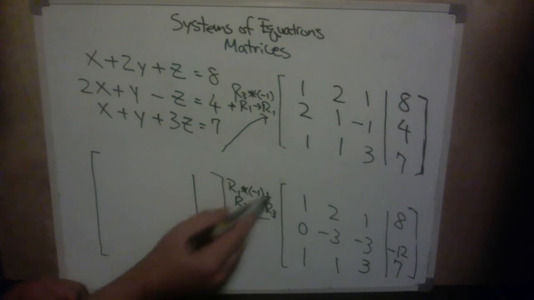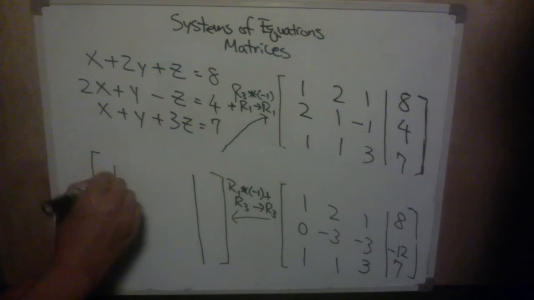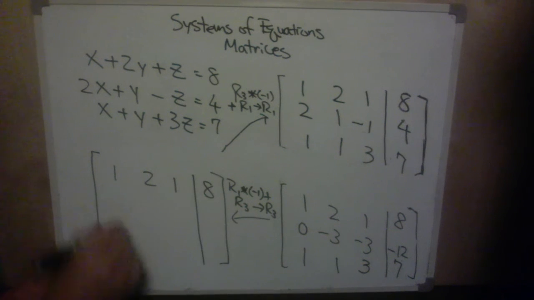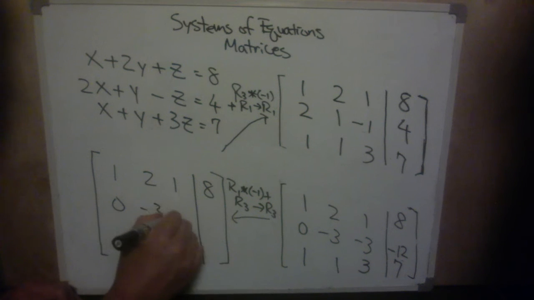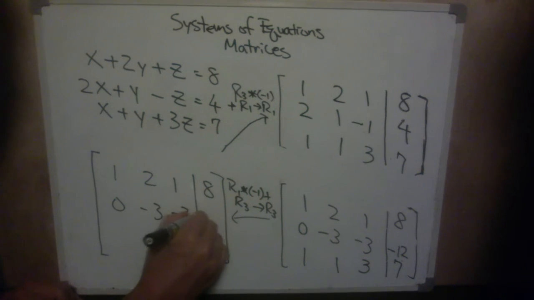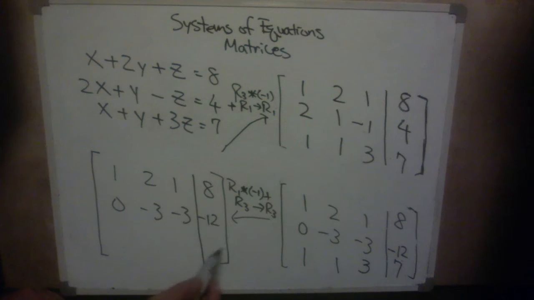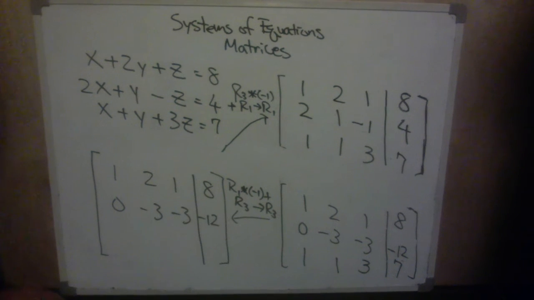Row 1 stays the same, row 2 stays the same. So let's do that: 1, 2, 1, 8, then 0, -3, -3, -12. Row 1 times -1 plus row 3 is going to be my new row 3.